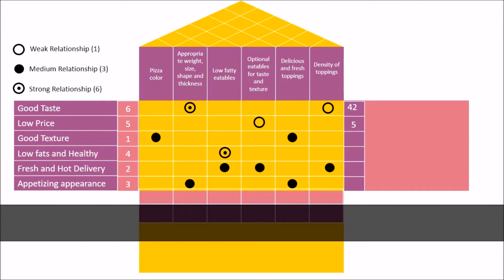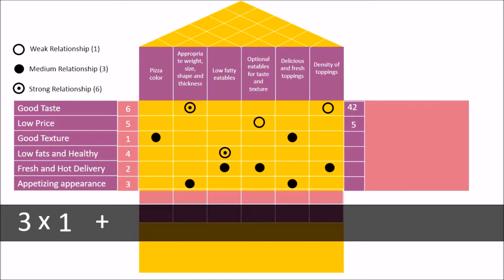And for the third row, we're going to do the same thing. We are going to take the value of the first relationship in the third row, which is the medium relationship, which has a value of 3. We're going to multiply it with the importance rating 1 of good texture. And then we are going to take the second relationship in the third row, which is again a medium relationship.